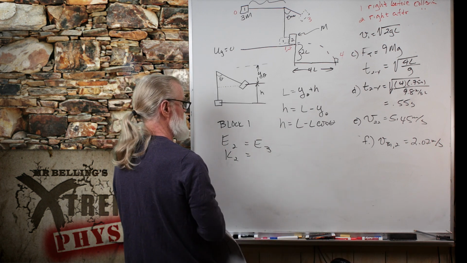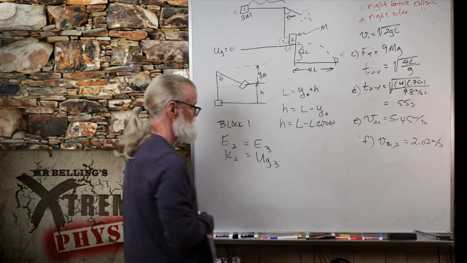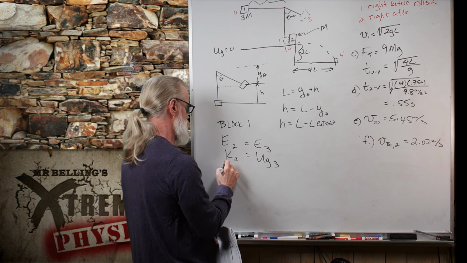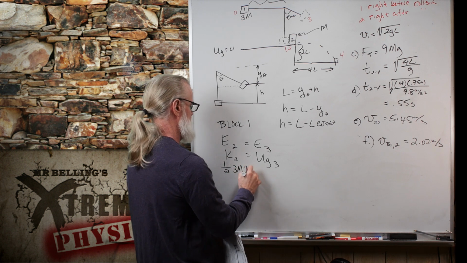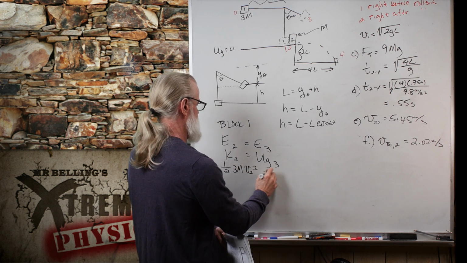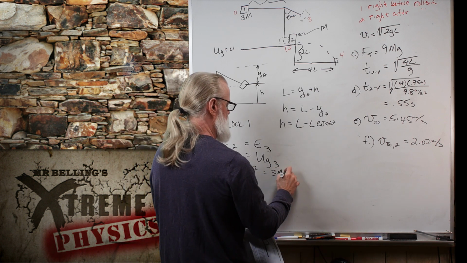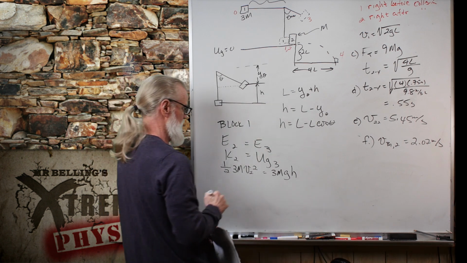So the kinetic energy at 2 equals the gravitational potential energy at 3. And so the kinetic energy at 2 is 1/2 its mass, which is 3m, v2 squared, equals 3m g. I'll call that h, right?